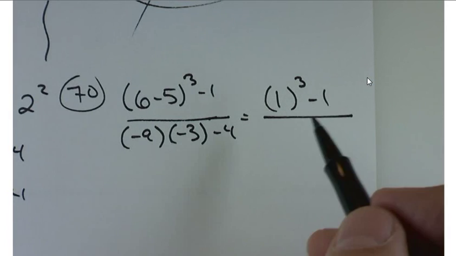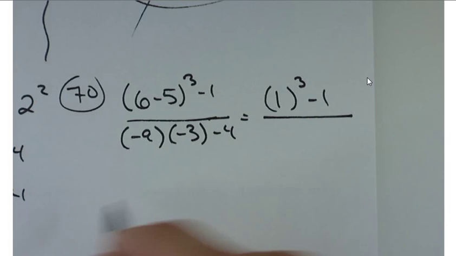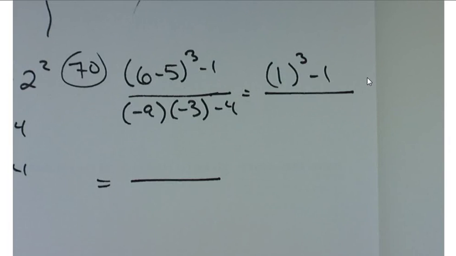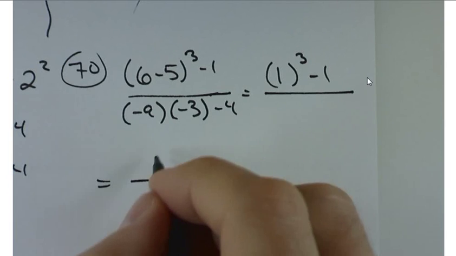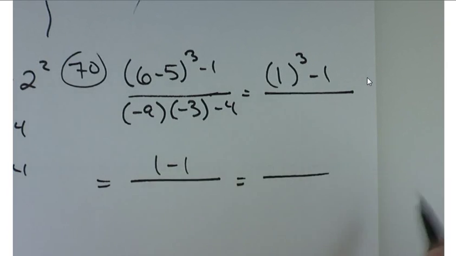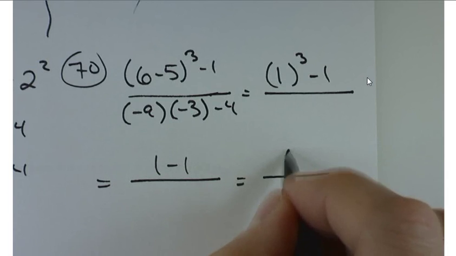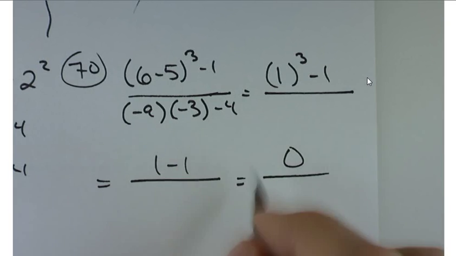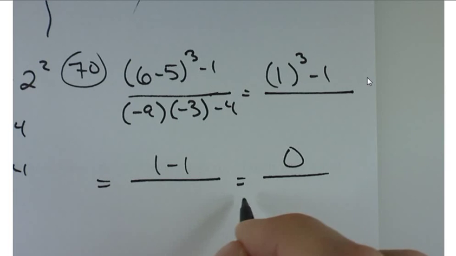What's 1 cubed minus 1 going to equal? Well, what's 1 cubed? It's 1. 1 times 1 times 1 is 1. So 1 cubed minus 1 gives you what? 0. Does it really matter what I have in the denominator?